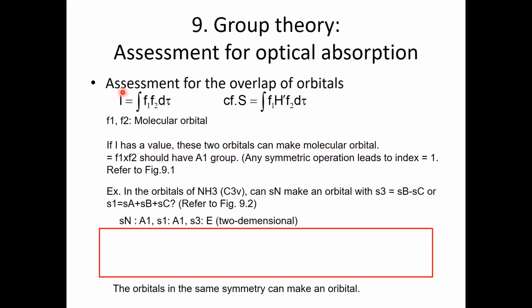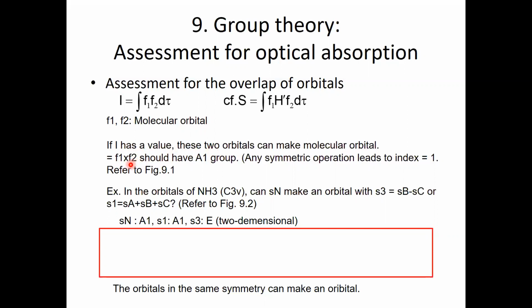And if the overlap integral has a value, these two orbitals can make a molecular orbital. So that's one of the applications of group theory. And the calculation or the assessment is quite easy and straightforward.